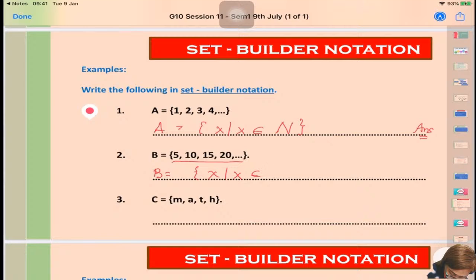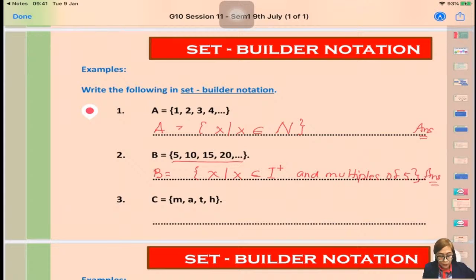So I can have Z positive. These are positive integers specifically. And also, they are what? Multiples of 5. These are the positive multiples of 5. So this is the answer in set builder form.